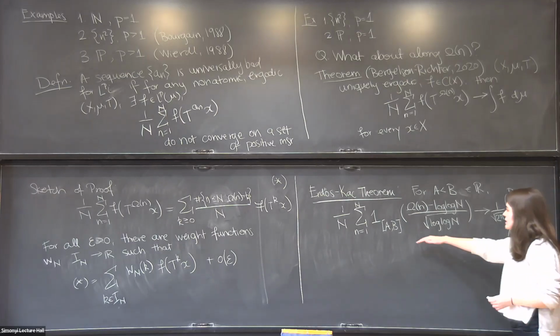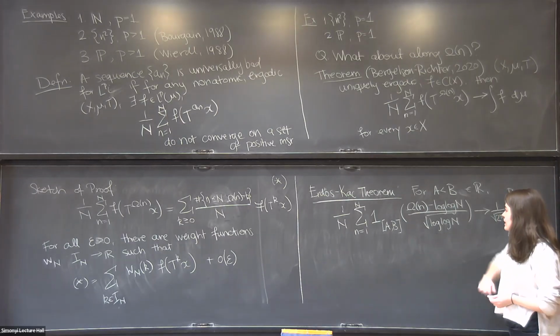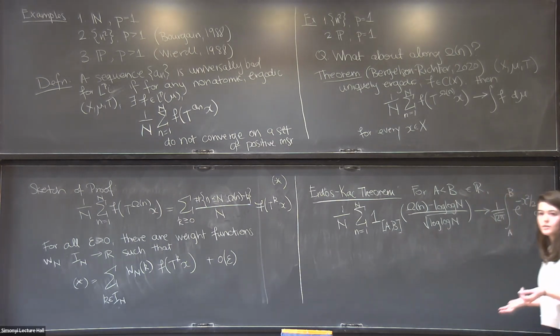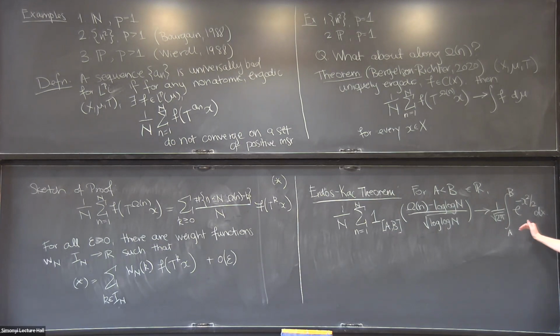And so the left-hand side here, all this is doing is counting how many times does this value land within the interval between A and B, and it's saying that that is converging to this Gaussian distribution. Okay.